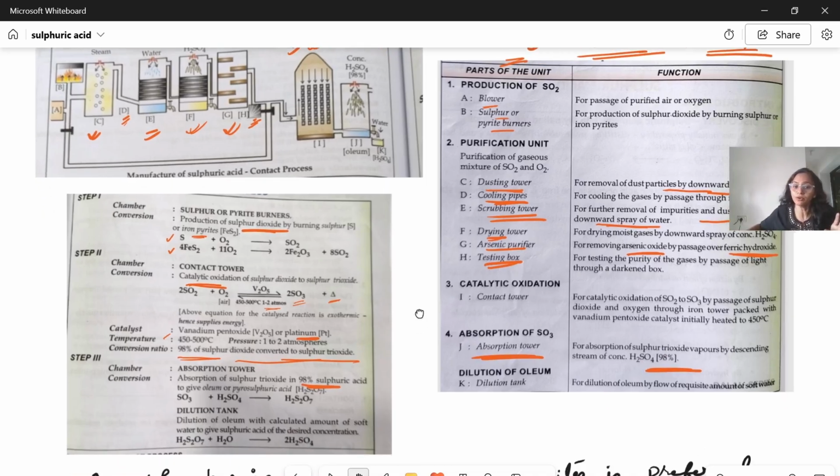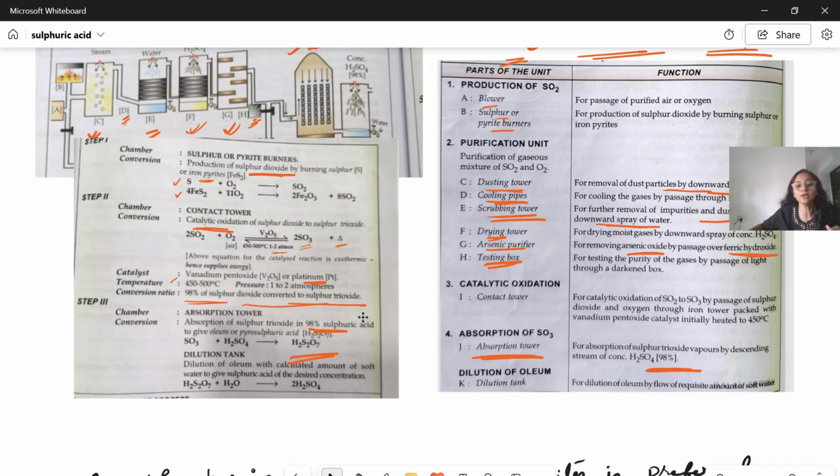So when sulfur trioxide and sulfuric acid combine, they form oleum, H2S2O7. The name of this compound is oleum, or it is also called pyrosulfuric acid. Now, how does this help? Now, when H2S2O7 is produced, which is oleum or pyrosulfuric acid, this can now be diluted.